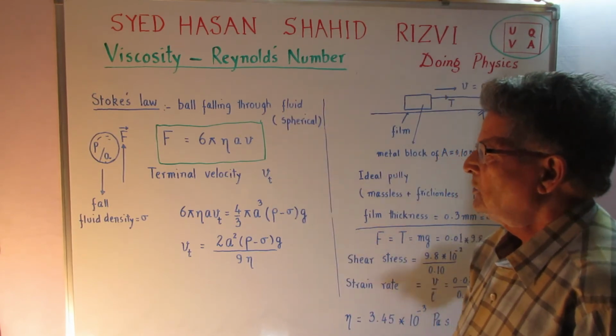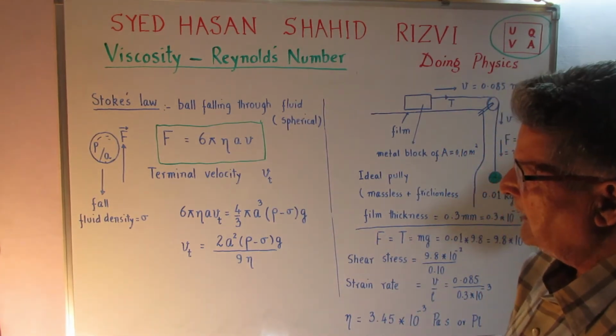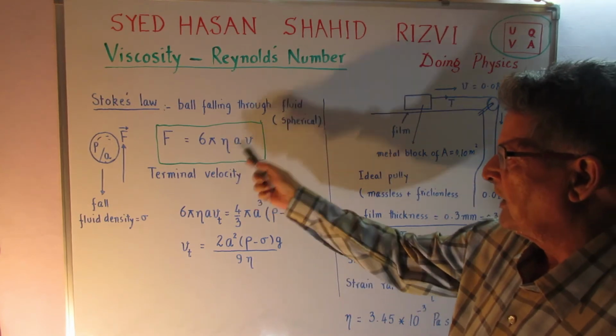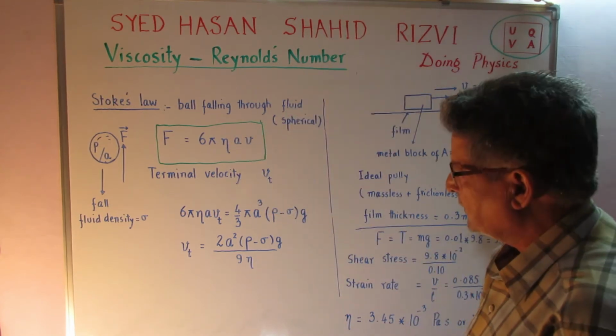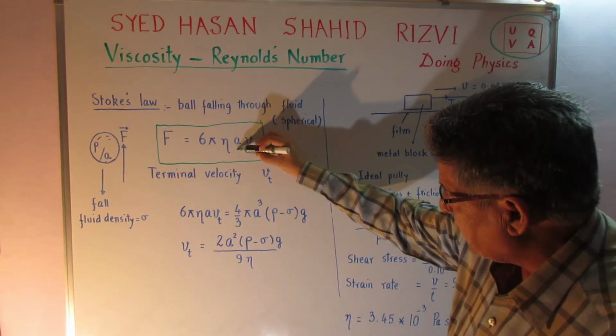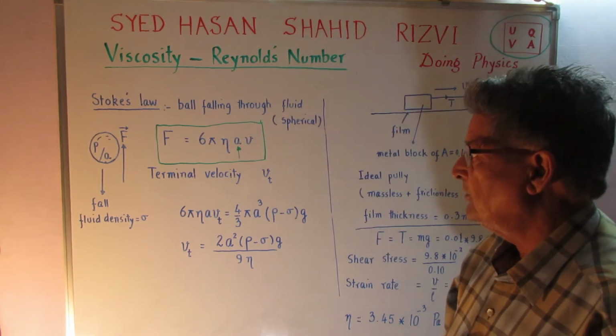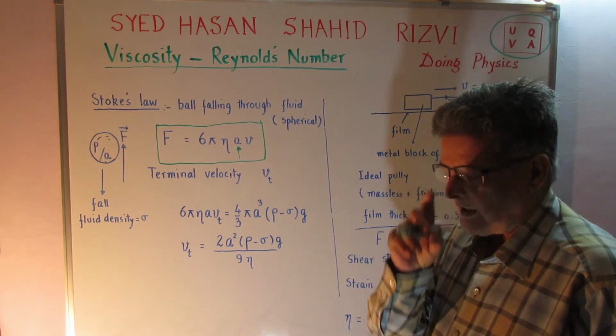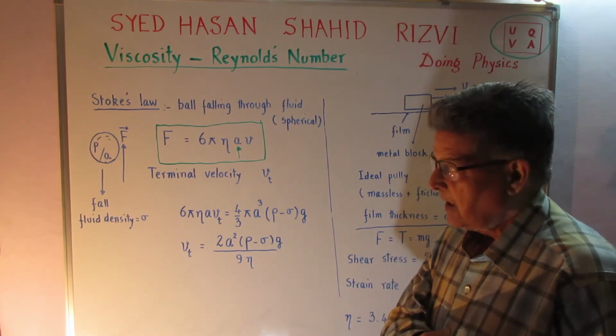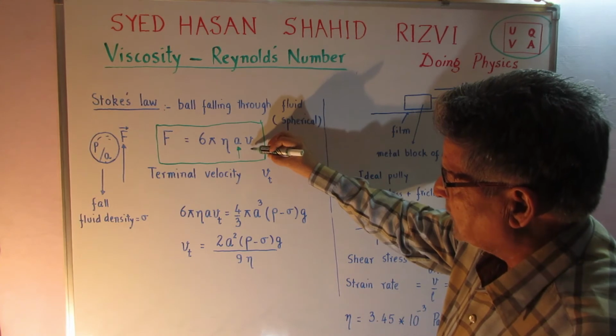Naturally it depends upon eta, which is the property of the fluid. It also depends upon the radius of the ball under consideration, and so does it depend upon the velocity.